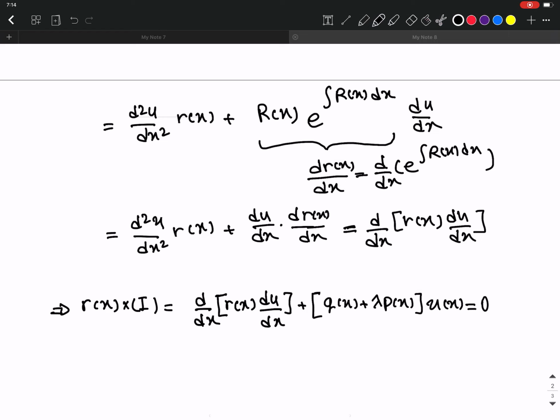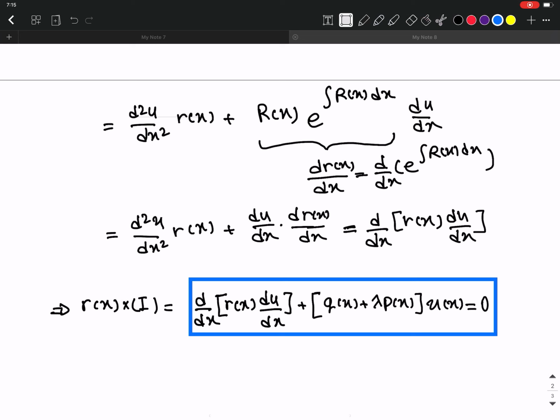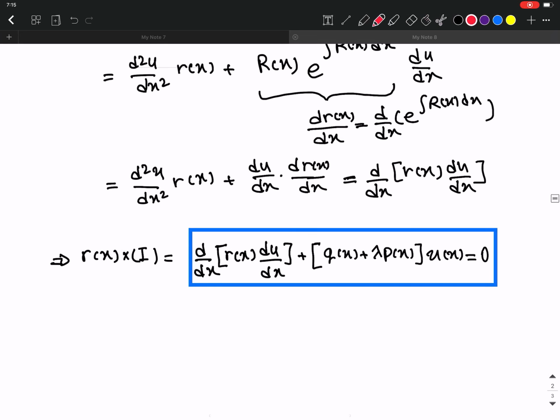So this is the more common form of Sturm-Liouville problems. This is what you usually see in the literature and also in textbooks. This is what we call the SL problem.